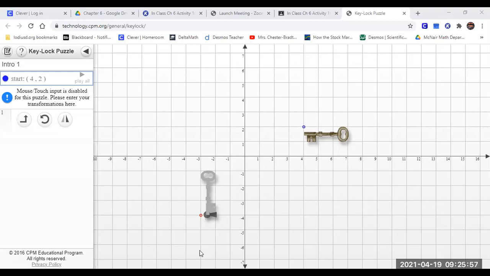Okay? All right, so we need to move the key, which is the blue dot, to the hole, which is the red dot.